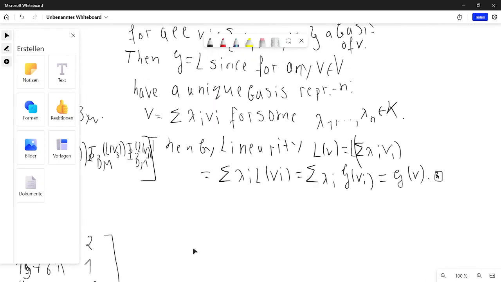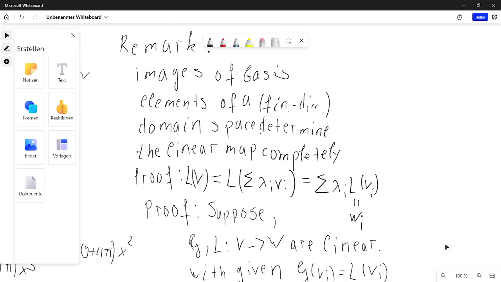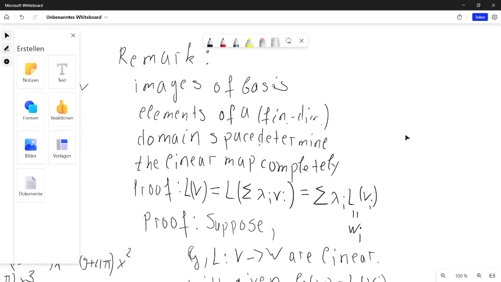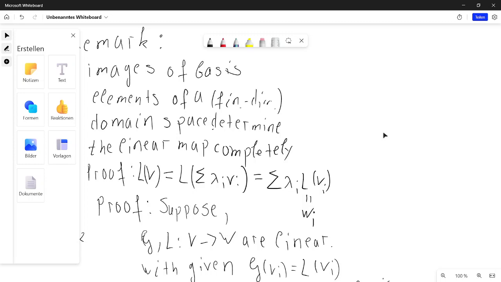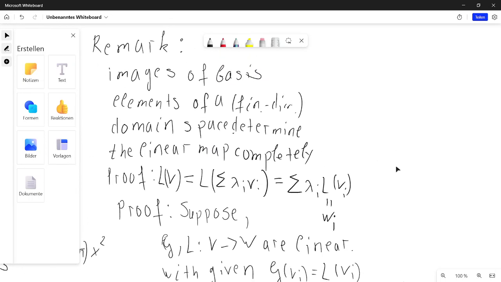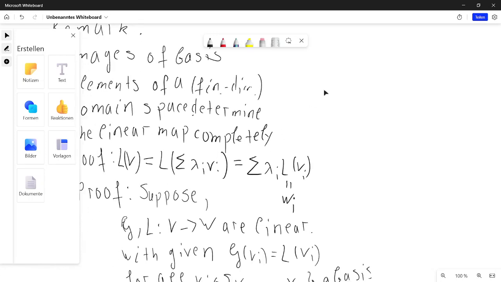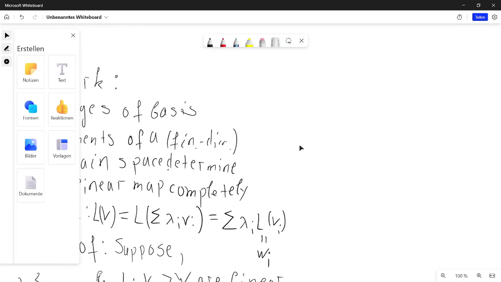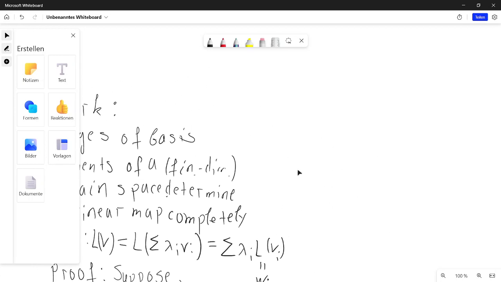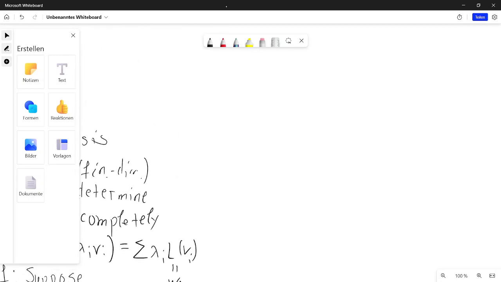Right, that was here: images of basis elements of a finite dimensional domain space determine the linear map completely. So it suffices to know the images of the basis elements of a given space, a basis of the domain, and the map is already determined. But there is some converse statement. So, theorem.